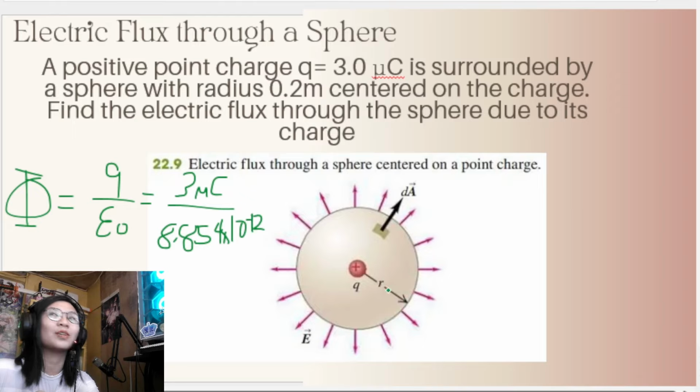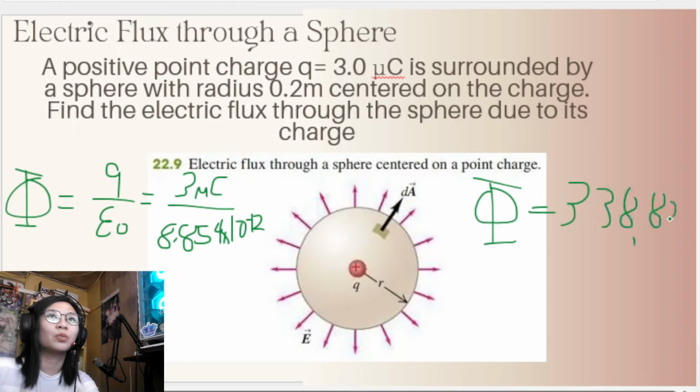If you are to solve that, your answer is actually 338,829 Newton meter squared over Coulomb. Ayan siya.